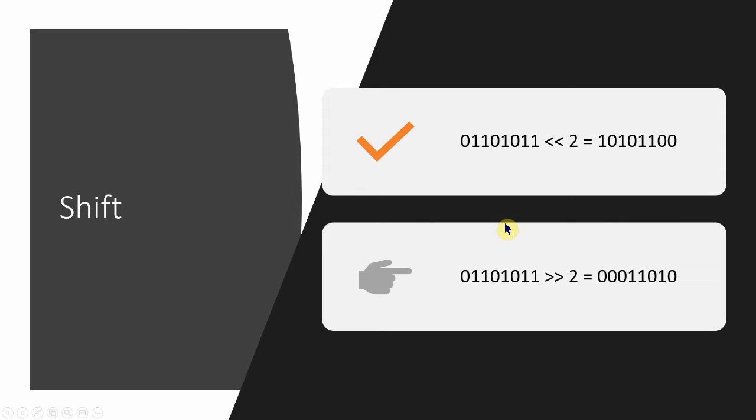You can also do shifts. So with a shift, it takes a number and it moves it in a certain direction. If we start with the right shift, you can see that it's moved everything 2 places to the right. And you'll notice with the right shift, it's actually cut off these 2 bits, which you might want, you might not.